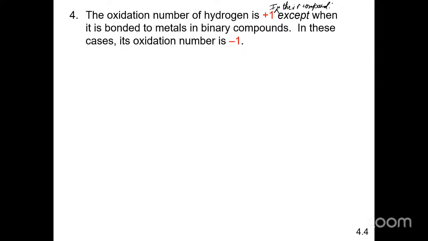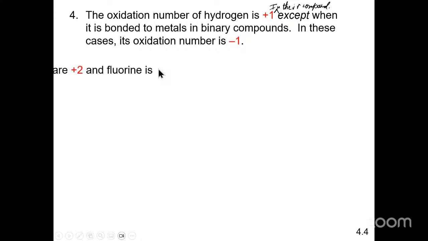If the hydrogen is bonded to a metal in binary compounds, then the hydrogen in that particular situation will have an oxidation number of -1. So if hydrogen is combined with most other elements, hydrogen will have an oxidation number of +1, excepting where hydrogen is bonded to a metal in a binary compound. In those situations, the hydrogen will have an oxidation number of -1.